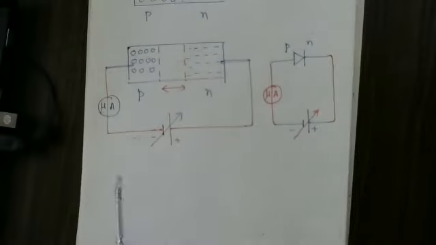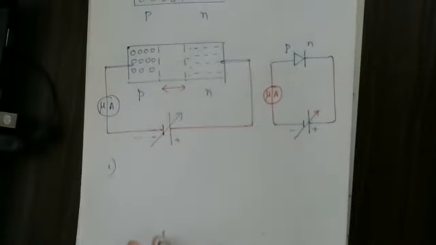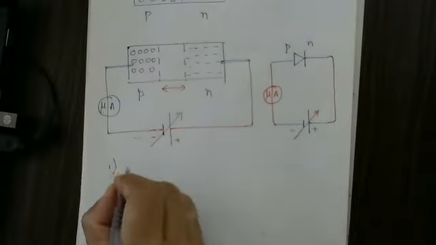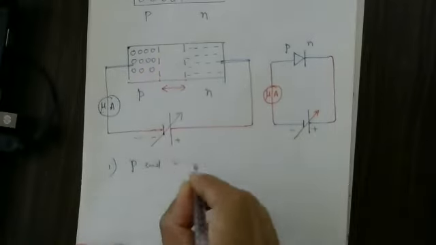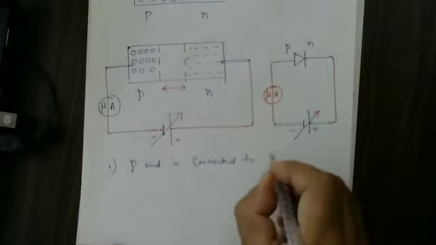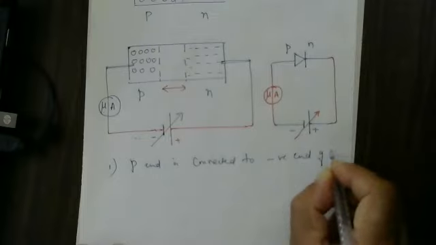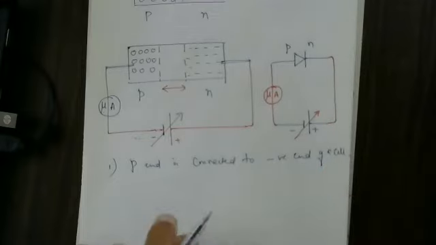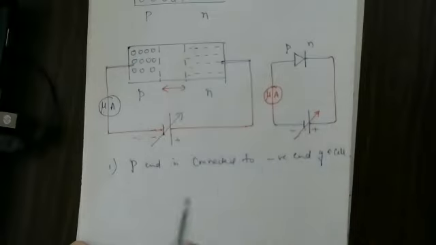But what is happening in this case? Point number one: what do you mean by reverse bias? First idea, P is connected to the negative end of a cell. This is the concept. The P end must be connected to the negative end of a cell.